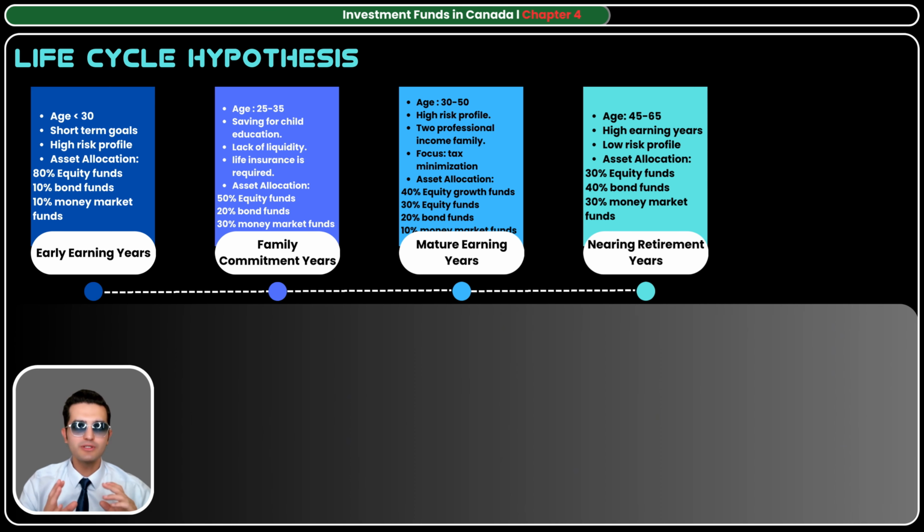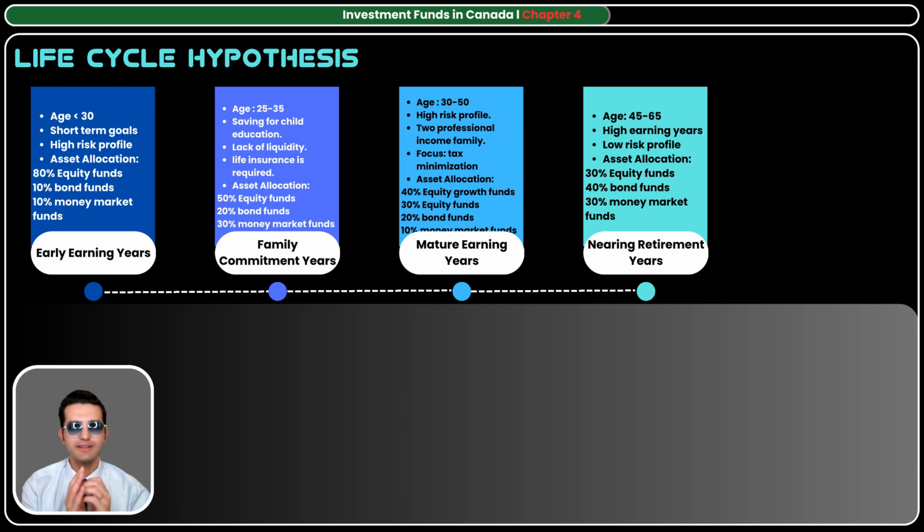So 30% on equity funds, 40% on bond funds, and 30% on money market funds. So it's kind of balanced for this group. They don't want to risk and put all their money in equity funds, but they also avoid putting all their money in money market funds. They take the medium. They are more interested in the medium term investments like bonds.